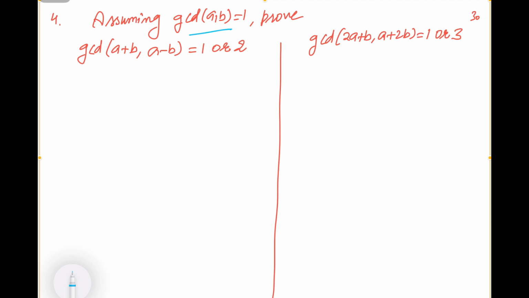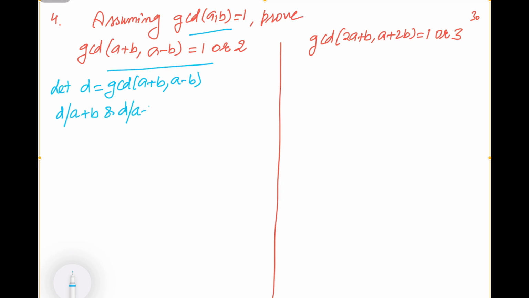Assuming GCD of A and B is 1, prove that GCD of this is 1 or 2. So we let D is GCD of A plus B and A minus B. So by definition of GCD, D divides A plus B, D divides A minus B, and also D divides their linear combination, A plus B times X, A minus B times Y. So now we choose value of X and Y such that we are left with 2A and 2B.